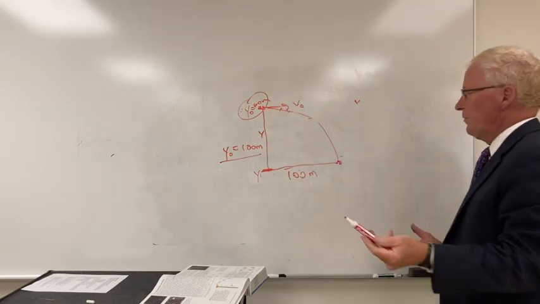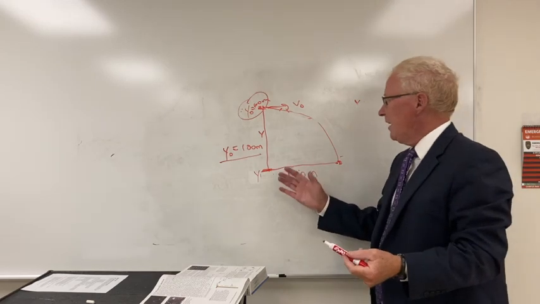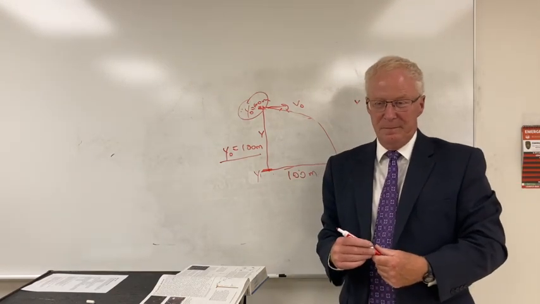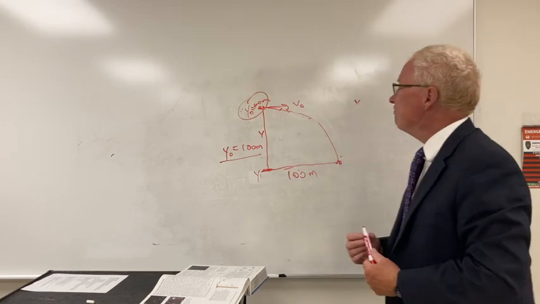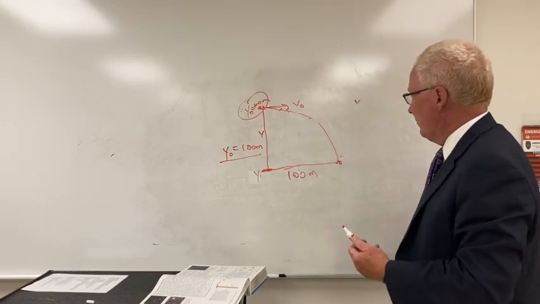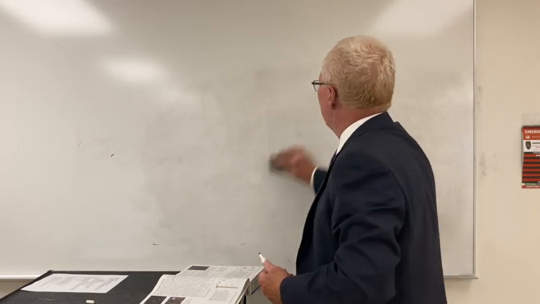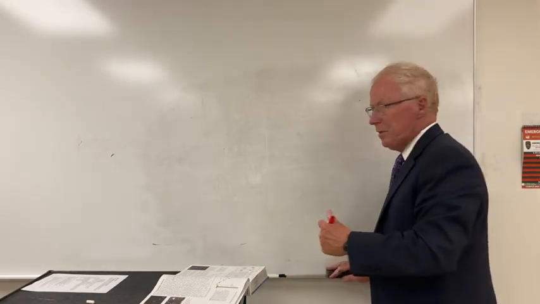We actually used to do this for lab. Not on this scale, but we do lab on a much smaller scale. Well, let's do an example like that. We would launch it from a tabletop.